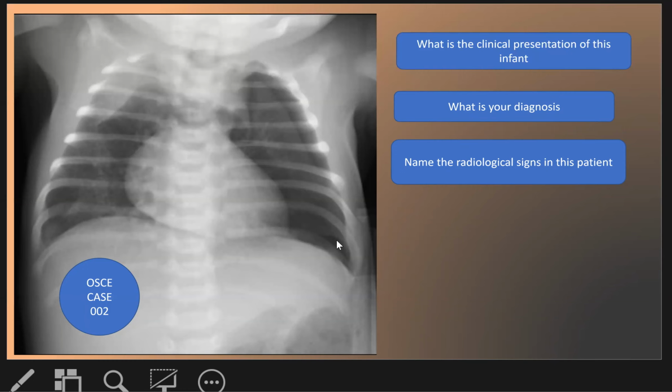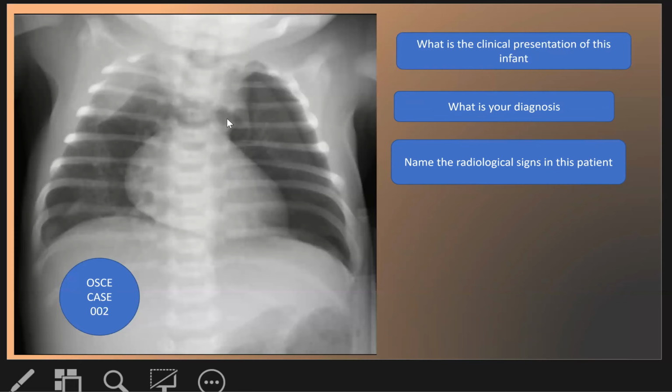And if we compare this costophrenic angle with this costophrenic angle, this is what we call the deep sulcus sign. And this is another sign of pneumothorax. If the patient has tension pneumothorax, we have shifting of the mediastinum, but in this patient, we don't have tension pneumothorax.